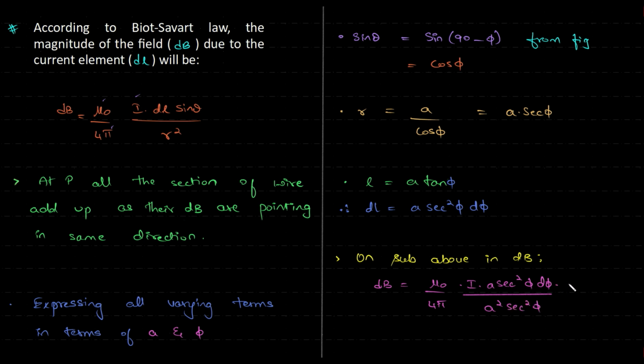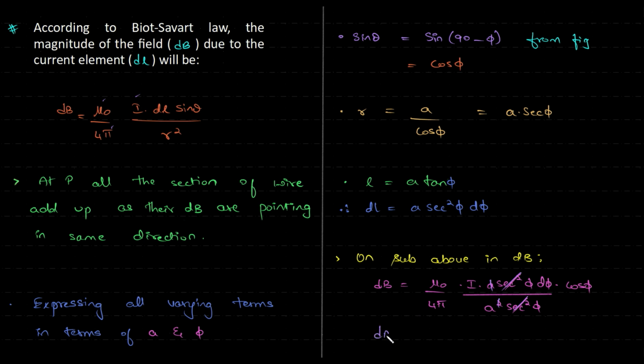And I'm missing sine theta, which is cos phi. Okay. So what happens? Quite a few things can get cancelled over here. So this set of elements and this. Okay, agree? So what next?